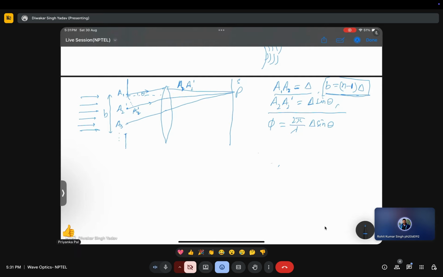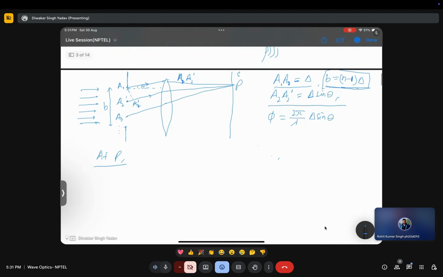So what will happen at point P, where we have put the screen? We can write in terms of amplitude. Light waves are given by electric field amplitudes, so the resultant electric field at P due to these two wavefronts.